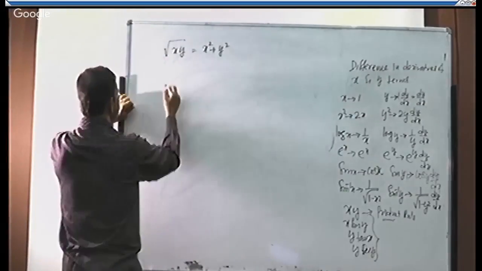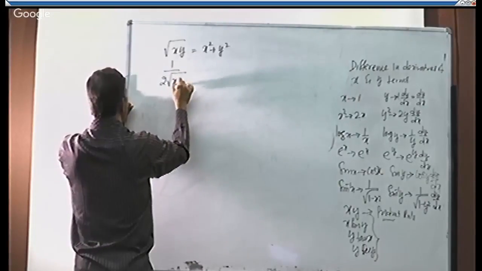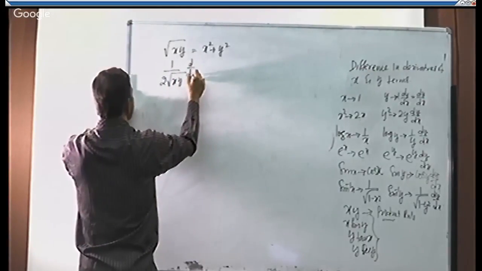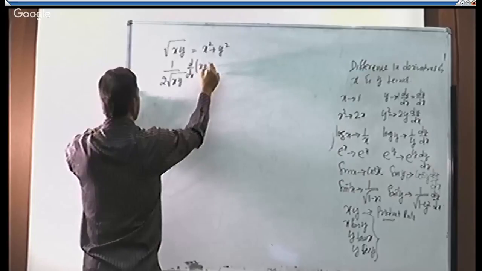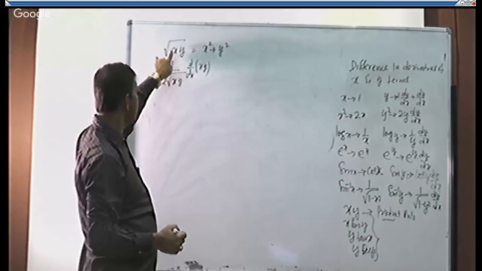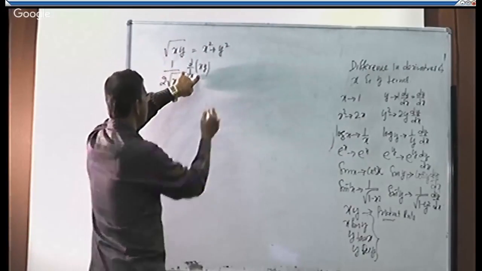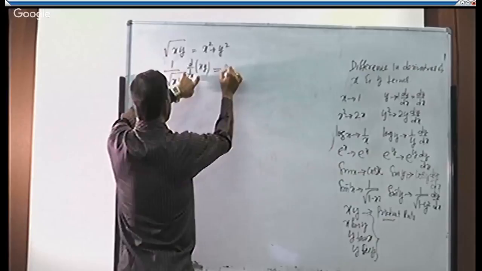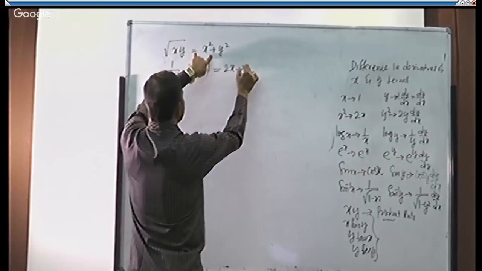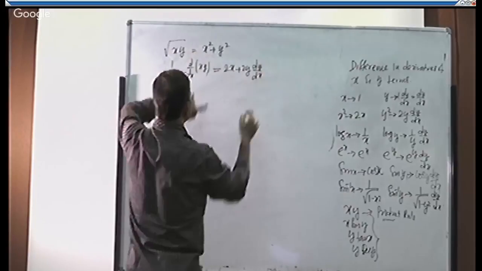For root of function, 1 by 2 root of function into d by dx of function. For root x, it is 1 by 2 root x, correct? For root function, it is 1 by 2 root function into d by dx of function is equal to, for x square 2x plus for y square 2y into dy by dx.